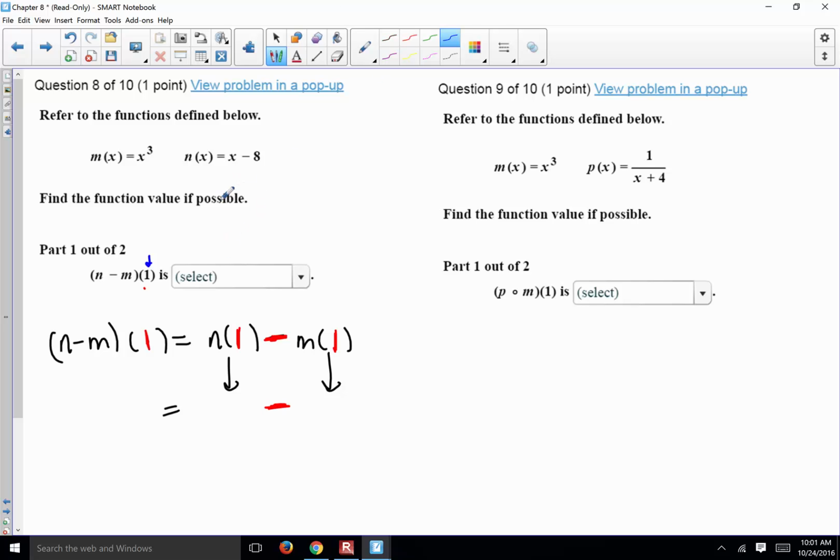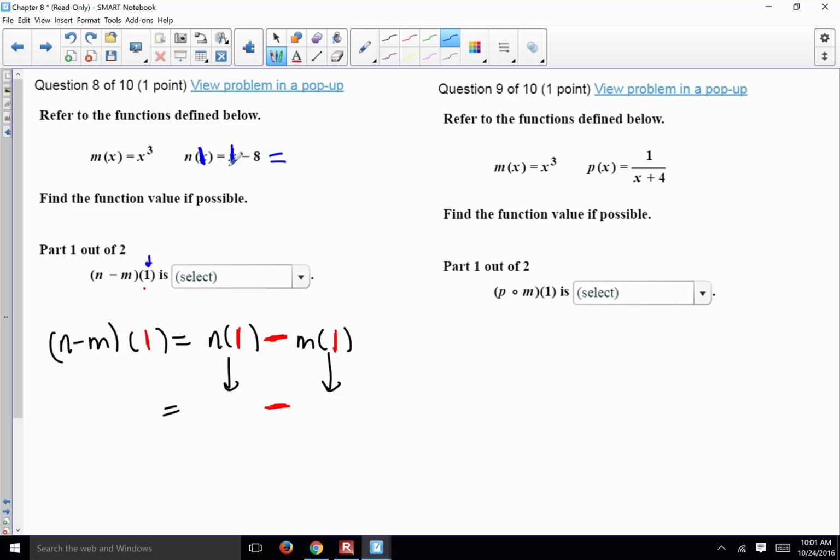It's not multiplication. It's not n times 1. This means 1 is processed by n. You need to put 1 into the machine, supply 1 to the machine and compute this.